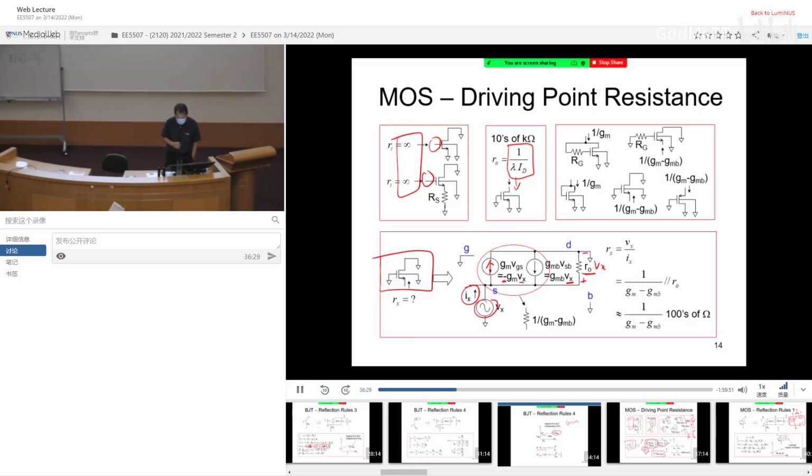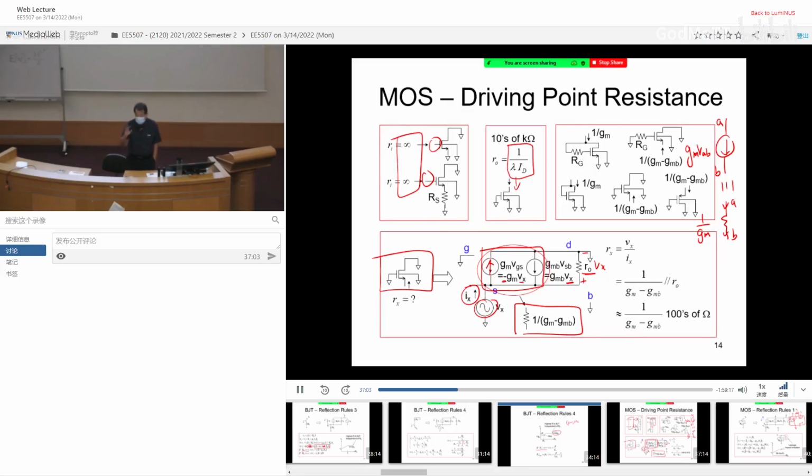So equivalently, I can lump these two together and make it an equivalent resistor, 1 over Gm minus Gmb. Right? Because although it looks like a current source, think carefully. If I say this is a current source, Gm VAB, this is A, this is B, then this is actually equivalent to a resistor 1 over Gm, the current AB. Both will give you the same current, am I right?